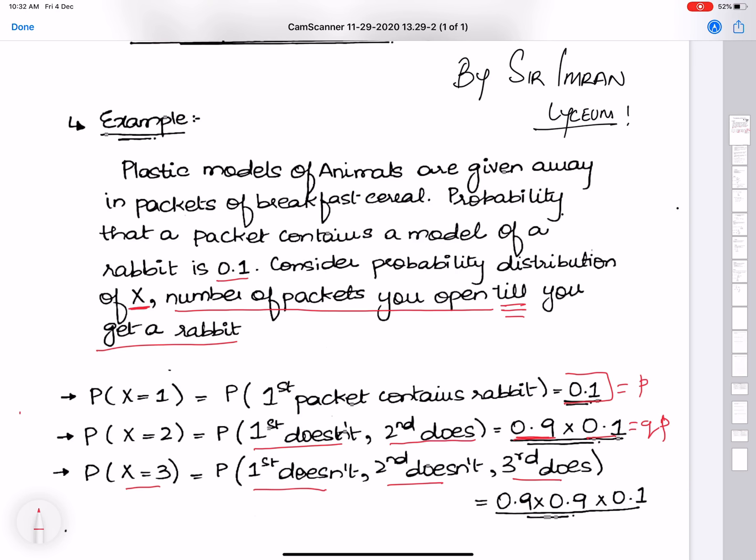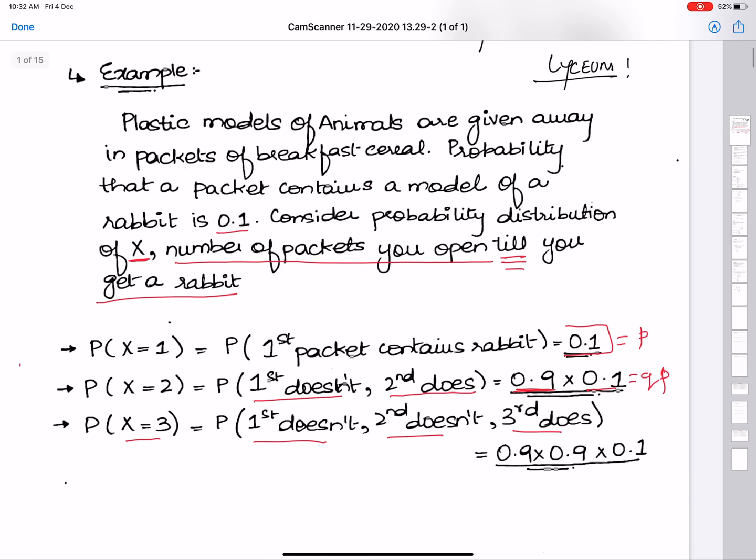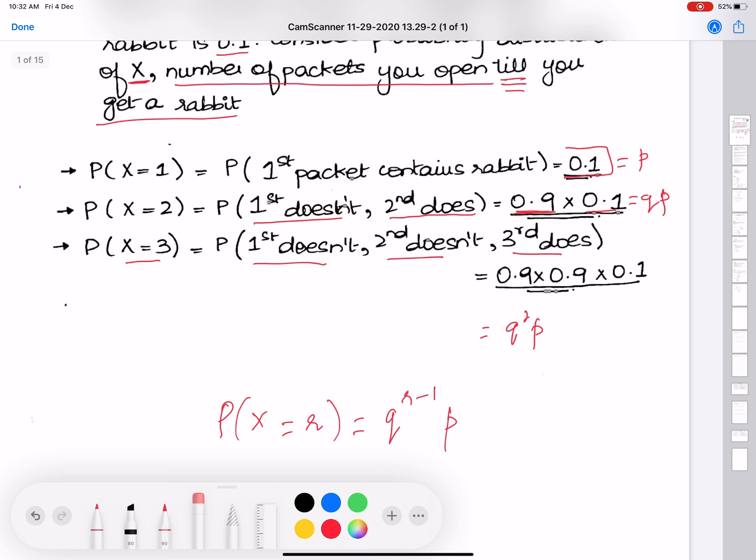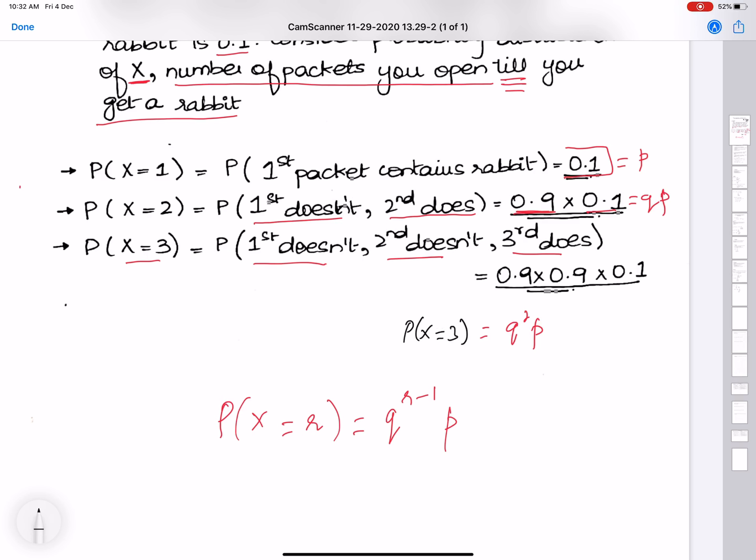So the formula will be q squared times p. Therefore, you can write the formula of geometric distribution with the help of this example as q to the power r minus 1 times p. Why? Because for the third packet you wrote q to the power 2 times p, like one less power.